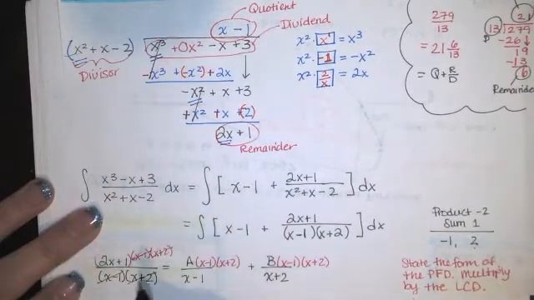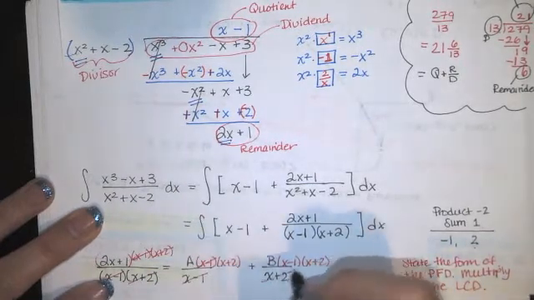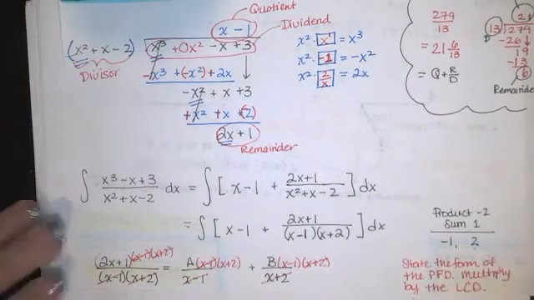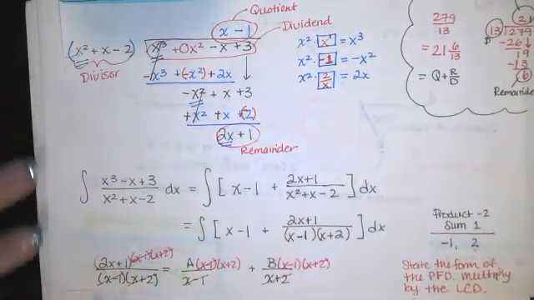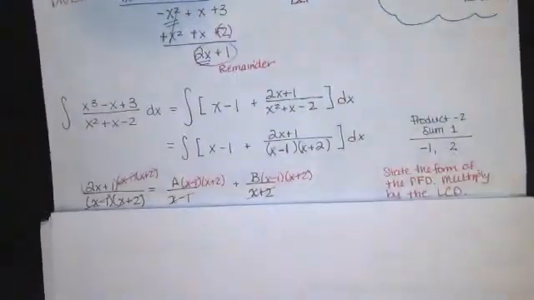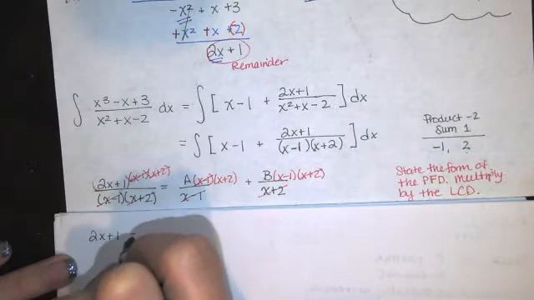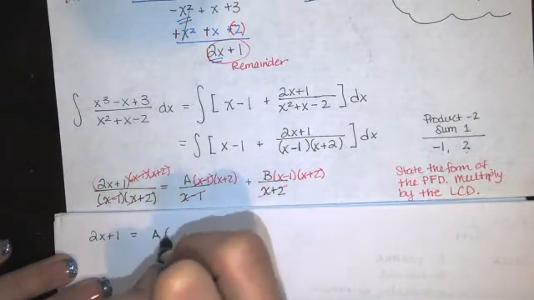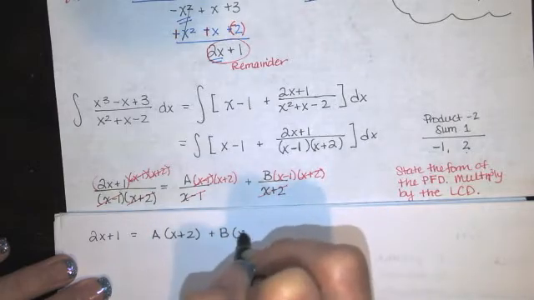Of course, this is as long as that factor is not equal to 0. This divided by itself is 1. And this divided by itself is 1. So this equation is equivalent to the next equation. On the left, we have 2x plus 1. On the right, we have a times the quantity x plus 2 plus b times the quantity x minus 1.